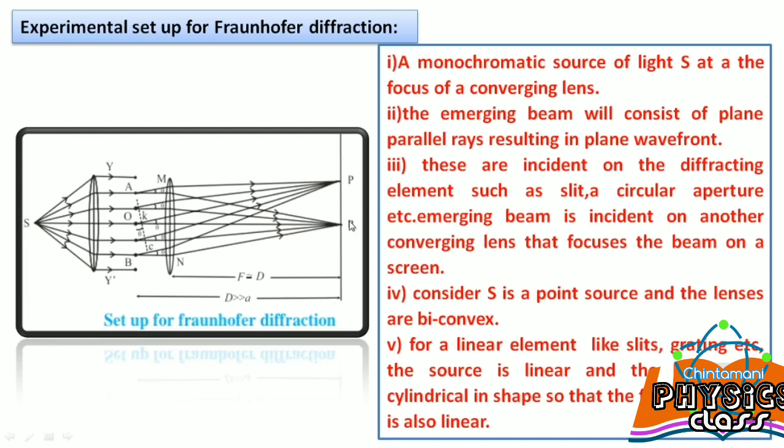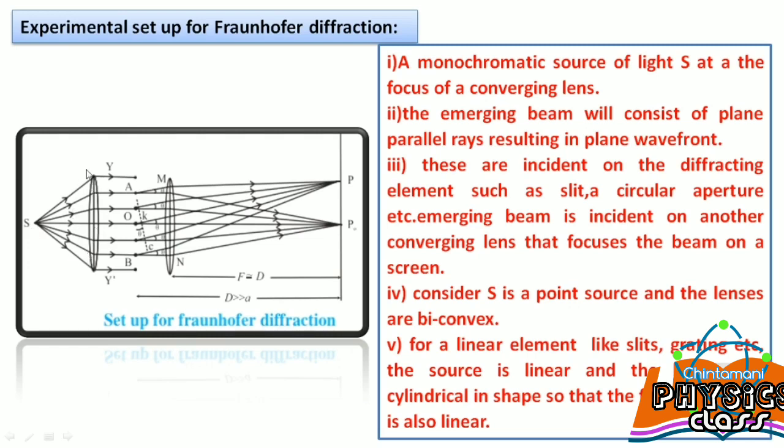Now at the point P0, this creates the central maximum. That means the intensity of light is maximum. Now this is the experimental setup. Consider a monochromatic source of light S at the focus of a converging lens.